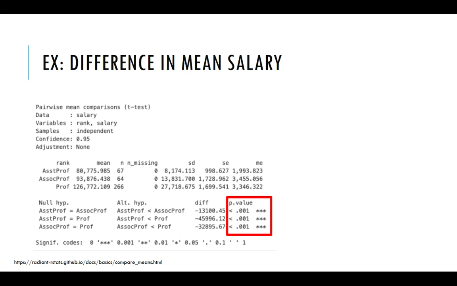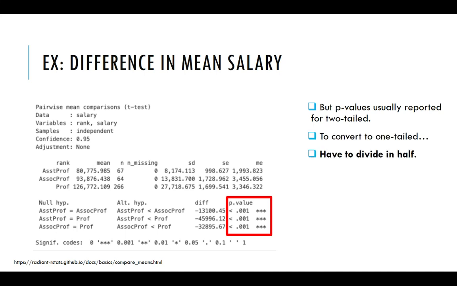Let's focus in on the p-value. Remember, p-values are usually reported for two-tailed tests. This might have come from a statistical package where you can state what you want it to do, one-tailed or two-tailed. I don't know. But if it's two-tailed, we have to convert to one-tailed, which means, again, divide in half.